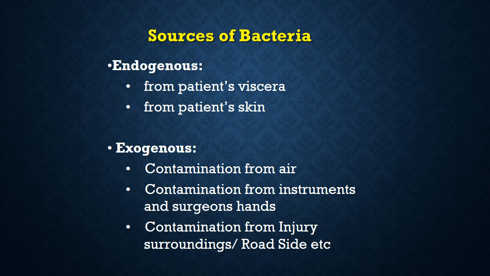And exogenous contamination could come from the air, the surroundings where the surgery or injury is taking place. The contamination can be from the instruments that are being used or from the surgeon's hands, and in roadside accidents it can come from the injury surroundings and the impacting surfaces.